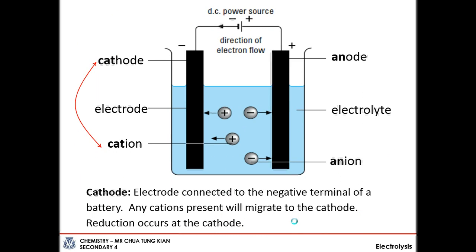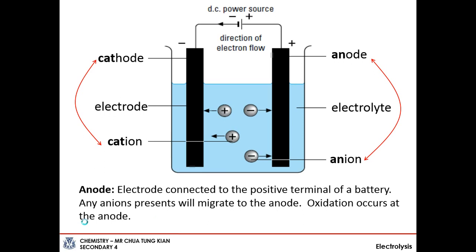So as I summarized earlier, the cathode is connected to the negative terminal of the power source. Cations will migrate to the cathode because they are positively charged. And reduction occurs at the cathode. Later on we will see more about this. The anode attracts anions because it is connected to the positive terminal of the power source.